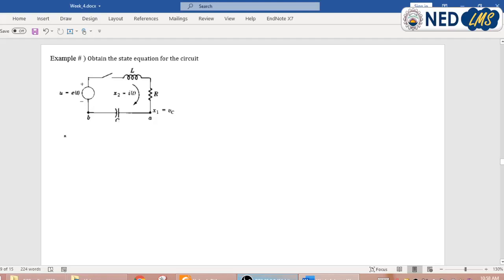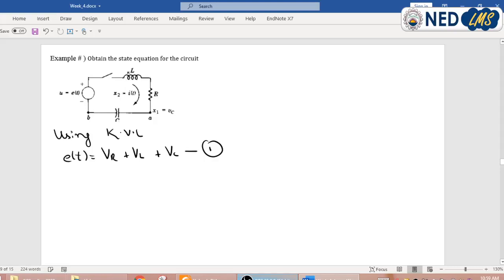Using Kirchhoff's voltage law, I can write E of T is equal to VR plus VL plus VC. This is my equation number 1.